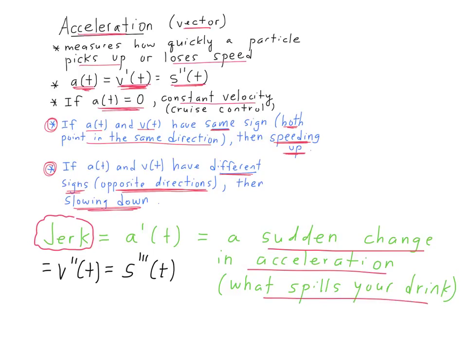That sudden change in your acceleration. This is the derivative of the acceleration, which means it's the second derivative of velocity and the third derivative of our position function. Again, it's very rare that you're going to see this used. This is probably more of a nice to know as opposed to a critical need to know.